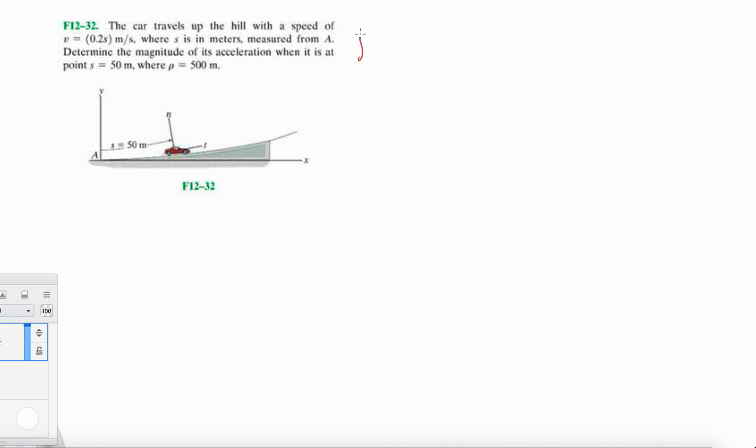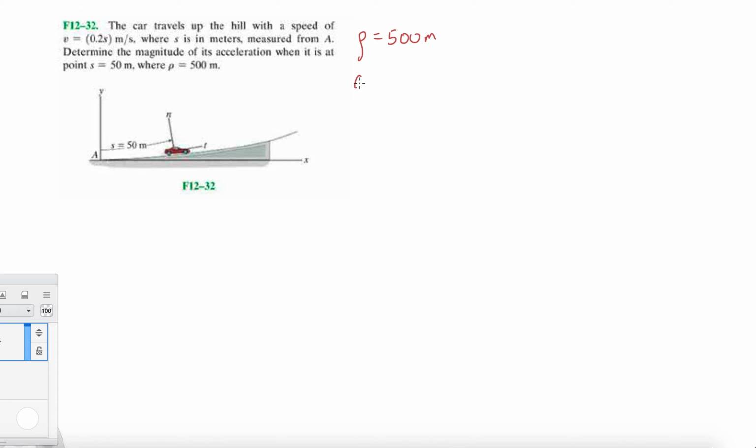So, givens are, we have our radius, of 500 meters. We're trying to determine the magnitude of its acceleration when it is at point S equals 50.